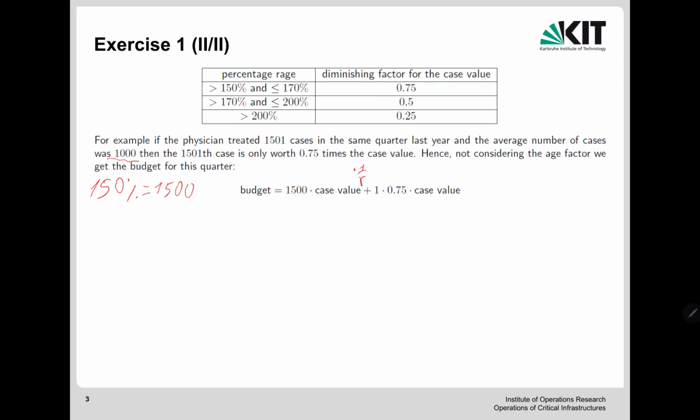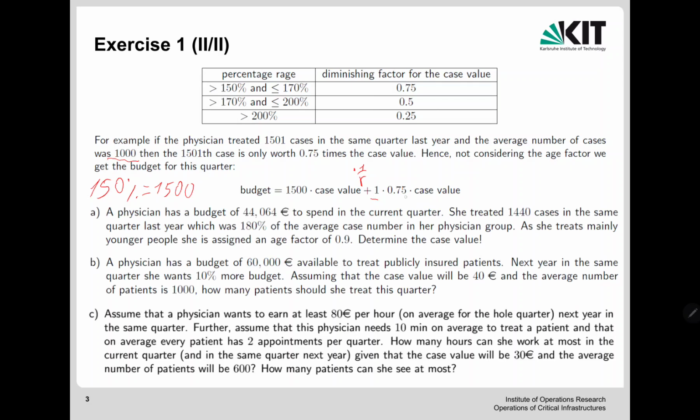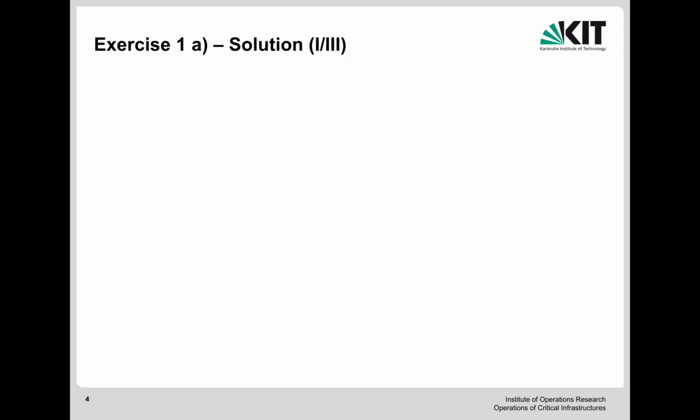And here we have one patient, this is the one patient, and then multiplied by the diminishing factor of 75%, multiplied by the case value. Okay, and then based on this example, we have to answer the following question, A, B, and C. Let's start with A.